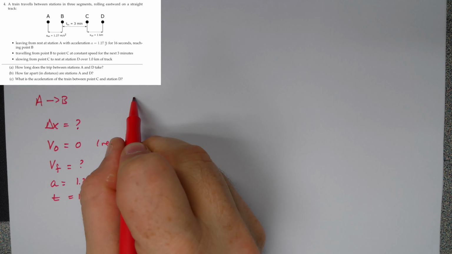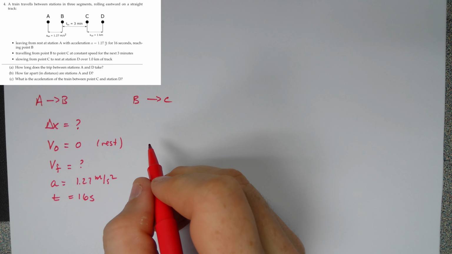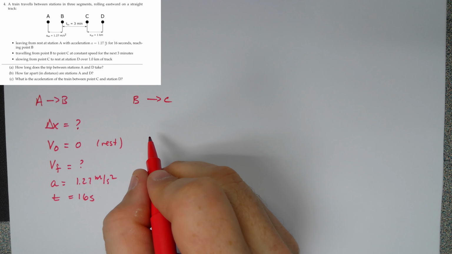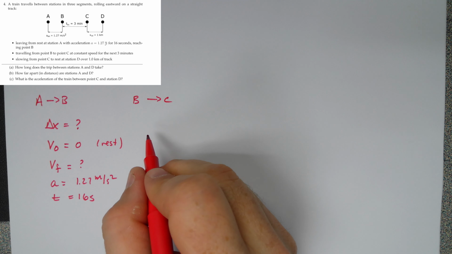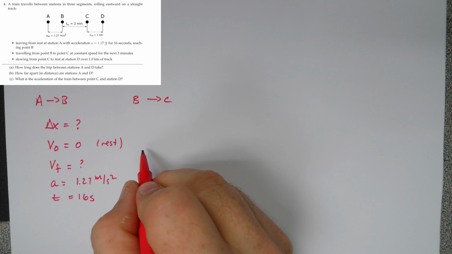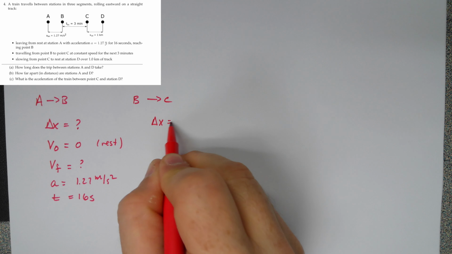The second part is from B to C. What do we know during that? We know it's constant speed. We know it takes 3 minutes to do that. So constant speed means the acceleration is 0. We don't know the velocities yet, so we don't know delta x.